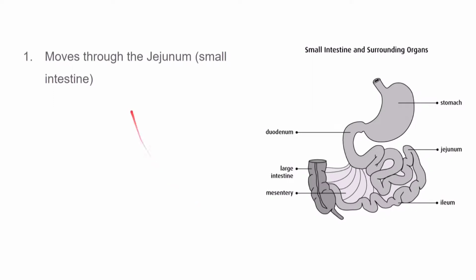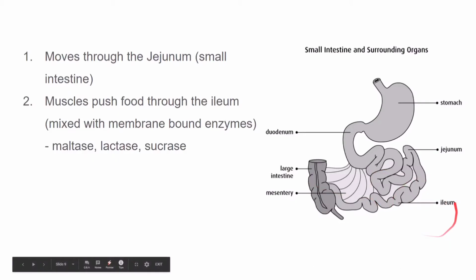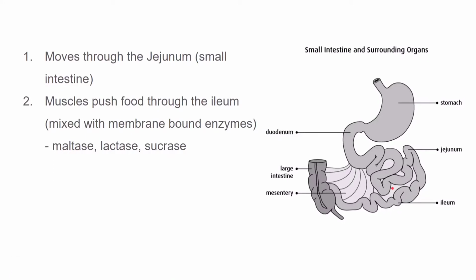And so moving on, our food passes from the duodenum at the top of our small intestine into the jejunum. And this is the middle of the small intestine where the food moves through. And the muscles in our small intestine push our food through to the ileum, and this is the bottom of our small intestine. And this is where our food is mixed with membrane-bound enzymes.